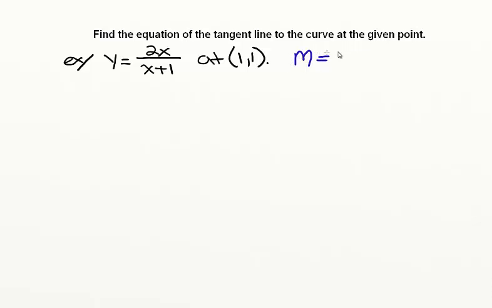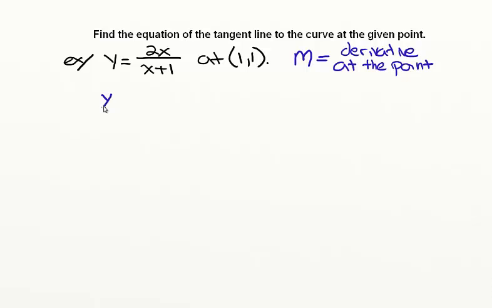So the slope turns out to be the derivative at the given point. So if we take the derivative of our equation, y equals 2x over x plus 1, and then evaluate that derivative at the point (1, 1), that's going to give us the slope of the tangent line at that point. So that's what we're going to do.